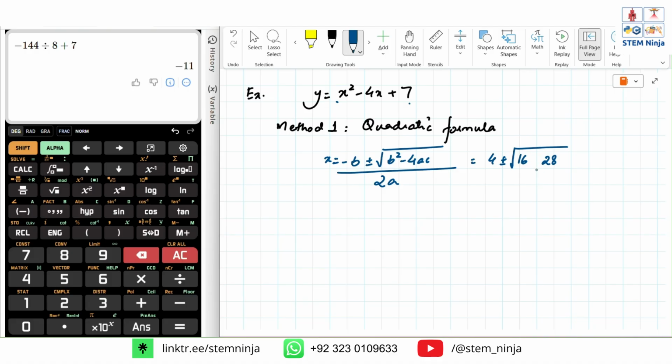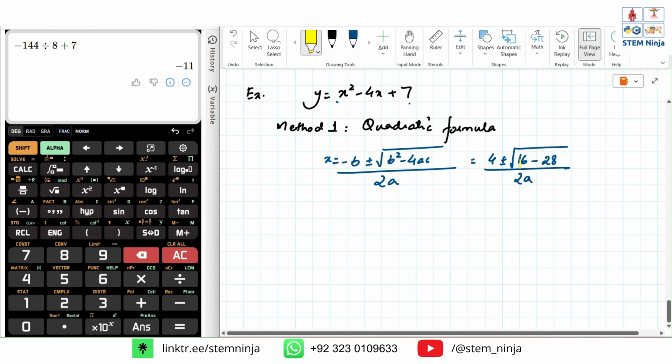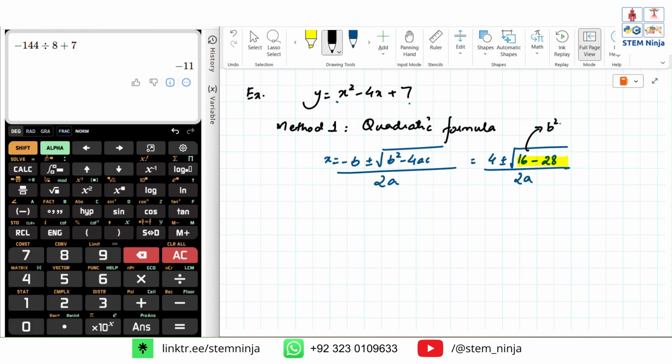Oh, sorry, no. Minus 4 times 7, I meant, over 2a. Now, as you can notice, the b squared minus 4ac is coming out to be negative, or the square root is negative. So whenever the square root is coming out as negative, that means there will be no solution. So we can just quickly say no solutions.